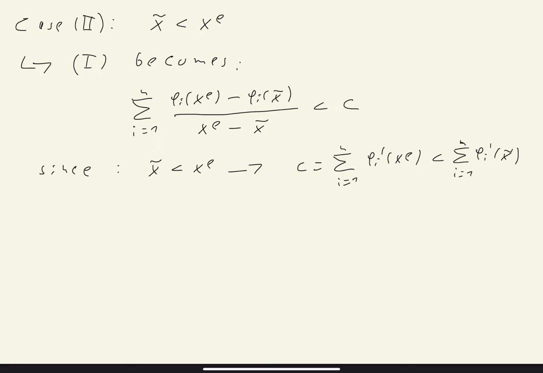This is the implication of producing less of the public good in the tilde allocation, because xe is fulfilling the conditions of proposition 1.